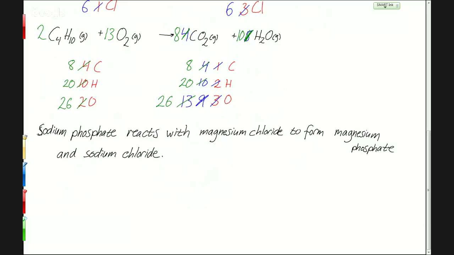Right, so reacts with says these things react together, and that tells you those are the starting materials, the reactants. And then the other key phrase here is to form. So they're saying those things make these other things. So that means sodium phosphate and magnesium chloride will be on the left, magnesium phosphate and sodium chloride are on the right. So see if you can write a balanced equation for that reaction.